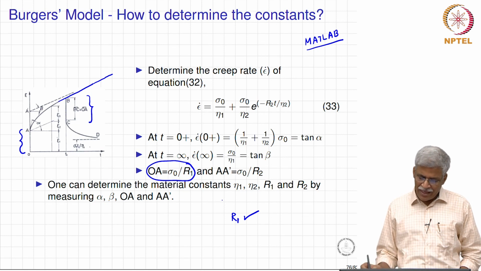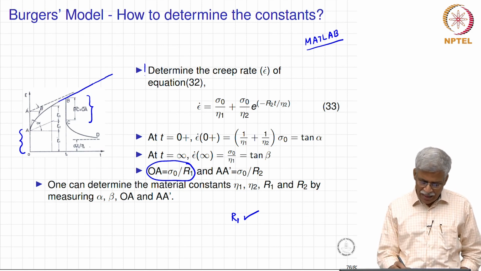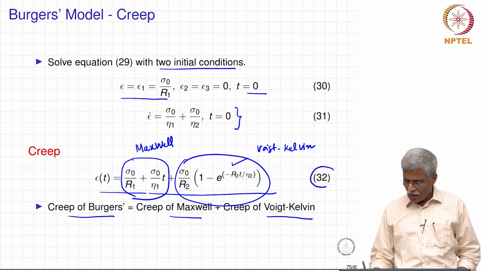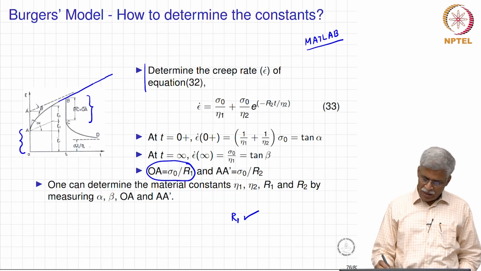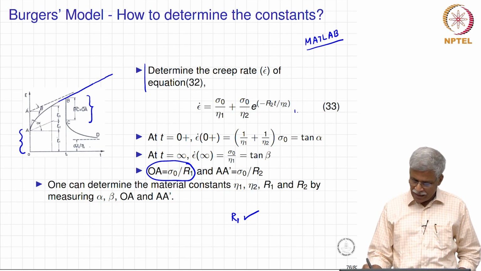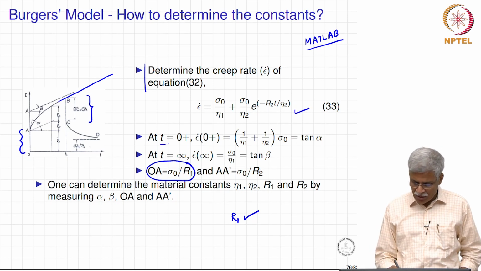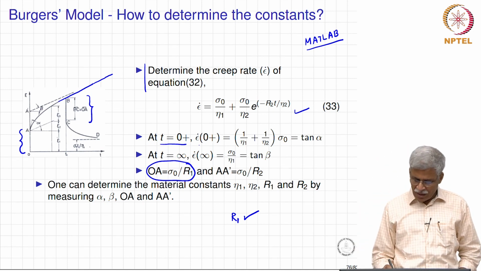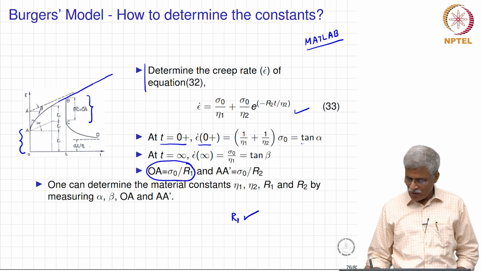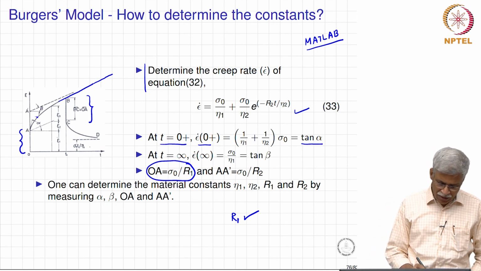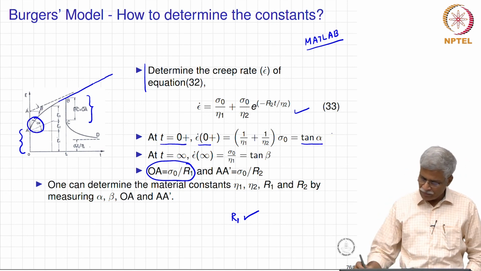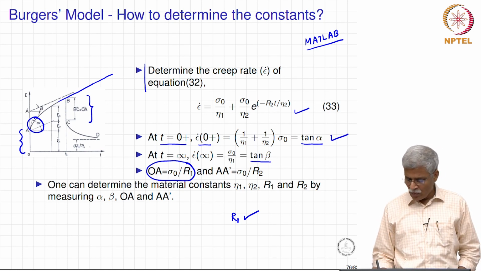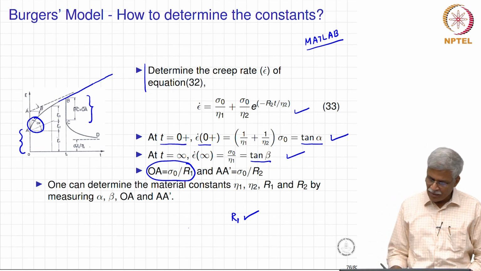So, what we can actually do is, we can take the creep rate of the previous equation, which is equation 32, and this is what you are going to get. At t is equal to 0, or what is given here as 0 plus, when we substitute for it, we can measure that there is going to be some angle tan alpha, and similarly at t is equal to infinity, we are going to get something called tan beta.